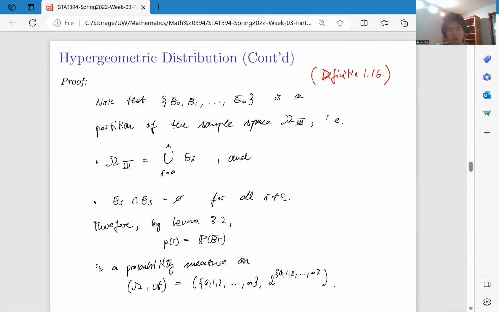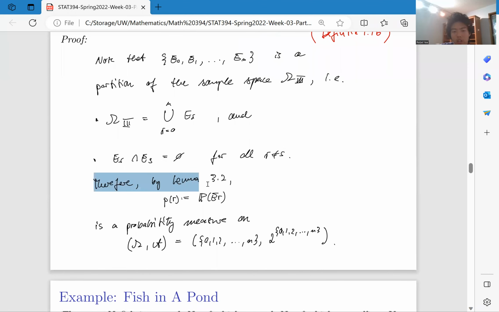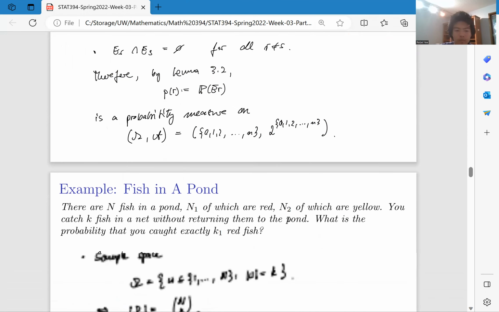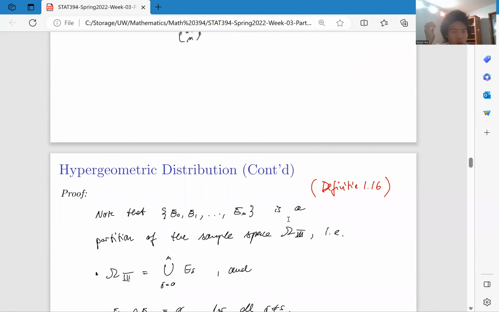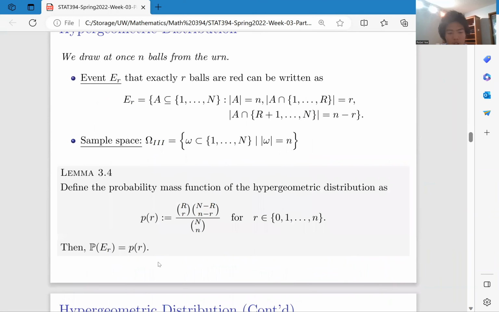So if R is not equal to N, then this one sums up to be 1, and PR is equal to the PER. So the probability measure on this omega and fancy A becomes 1, and this is the sample space we choose from, and its power set is 2 to the power of omega. All right, so we finished the proof of this formula's credibility.